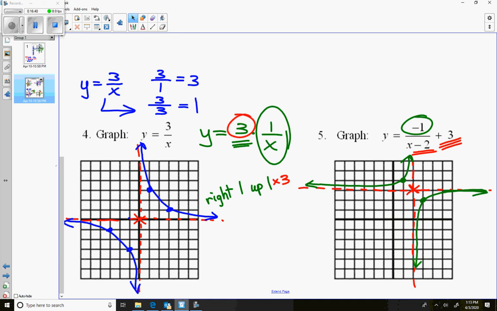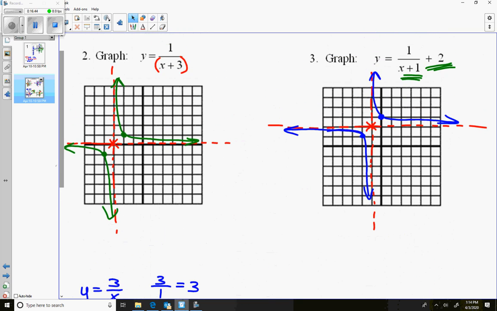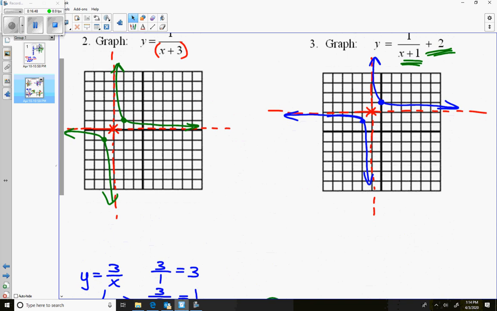All right, let's go back up to 2 and 3 and add in some stuff. So looking at 2 and 3, we'll start with 2. What are the equations of the asymptotes? With your asymptotes, let's do the vertical one first.